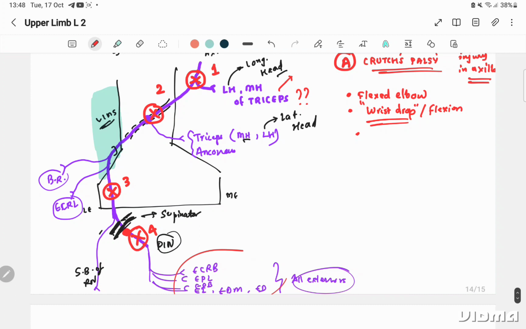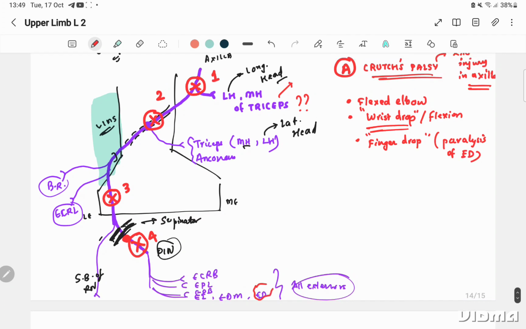Then the fingers would drop. There will be finger drop. Why will the fingers drop? Due to paralysis of extensor digitorum, which is also supplied here. Finger drop. And there will be sensory loss.